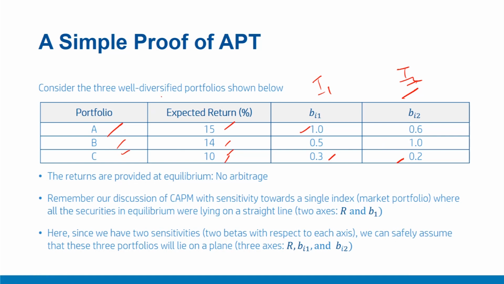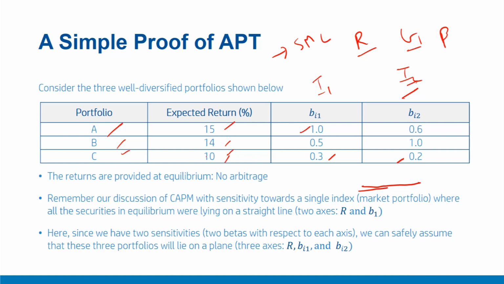Also, please remember our discussions over CAPM, where the sensitivity was towards a single index, which was the market portfolio. All those securities that were in equilibrium as per CAPM were defined by a line called SML, the security market line, which had two axes, R for expected return and B1, which was the sensitivity with respect to the market, or you can call it beta.